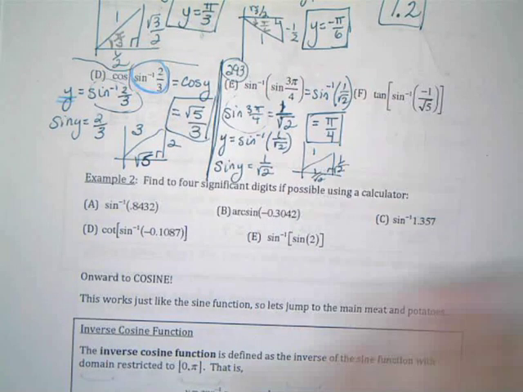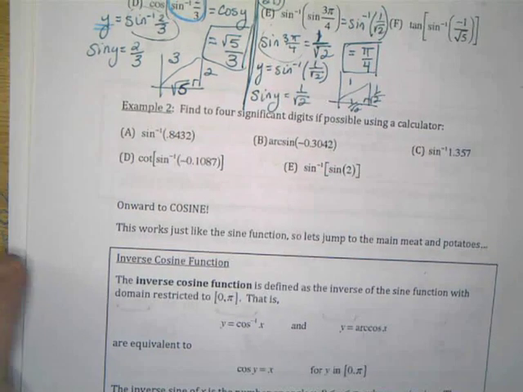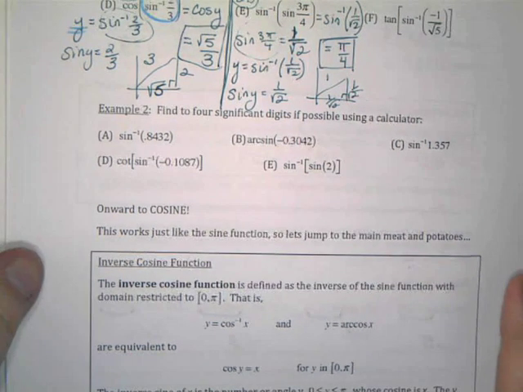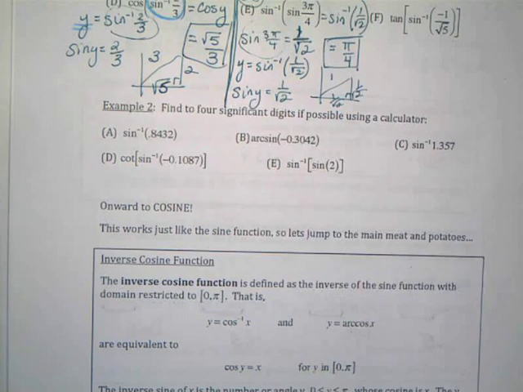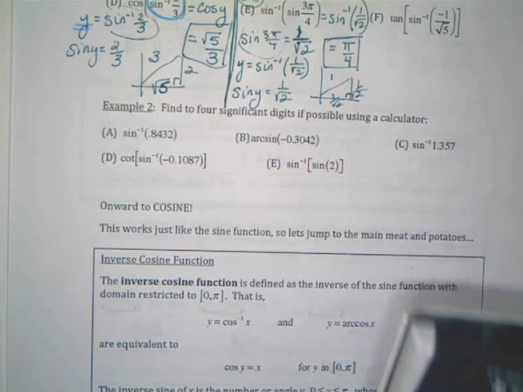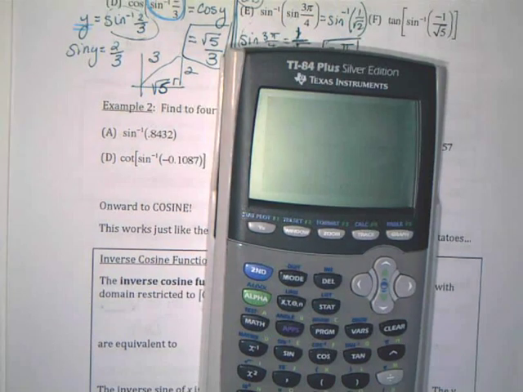So here we go. Now let's get out our calculators. We want to use 4 sig figs, and we're going to use radians. In your calculator, hopefully you can find the inverse button. Okay, work on that for just a second.